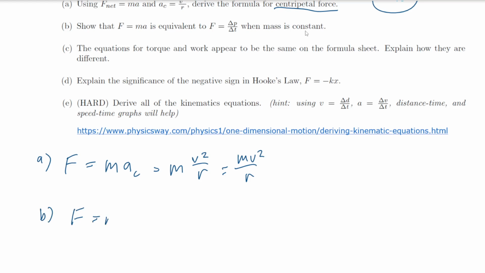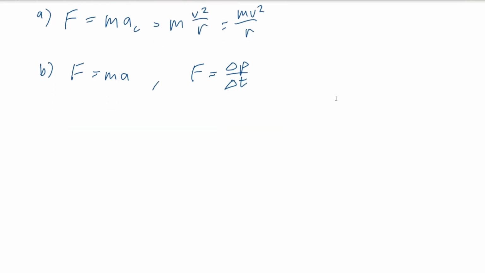So F equals ma, and F equals change in momentum over change in time. Cool. So in class, you've been learning about Newton's second law since year 9. However, Newton's second law is more accurately described as the change in momentum over the change in time.